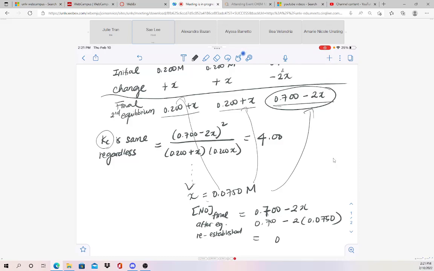That math is going to be 0.550 mole. This is going to be your concentration for nitrogen oxide after the second equilibrium has been established. Okay.